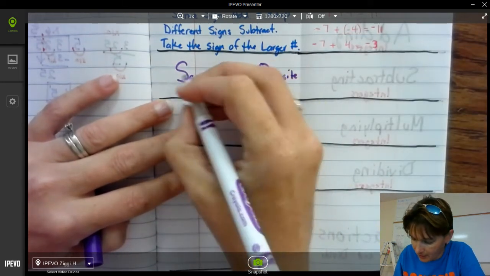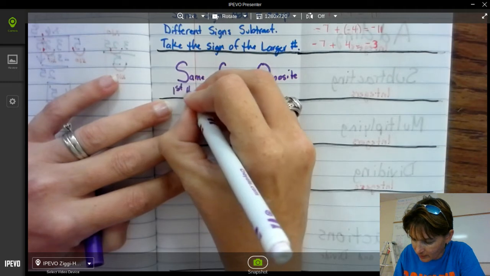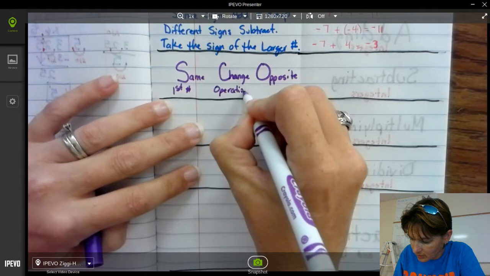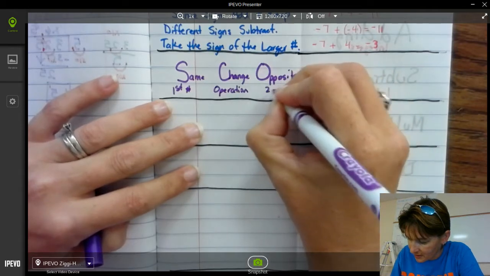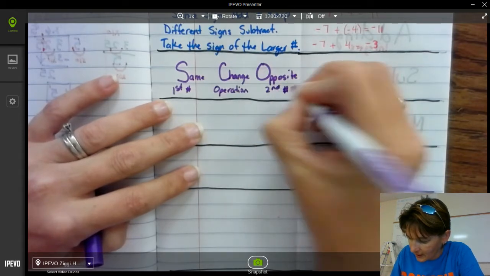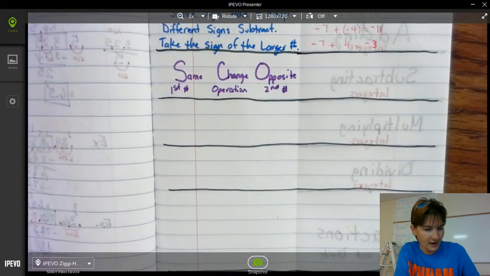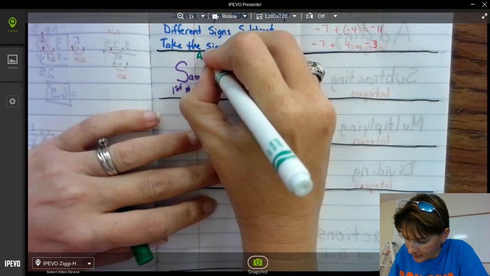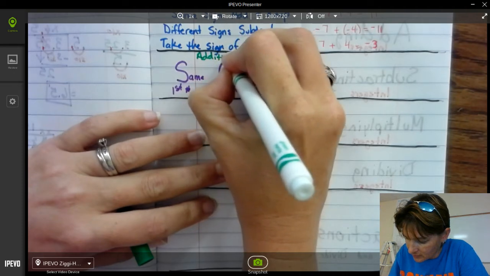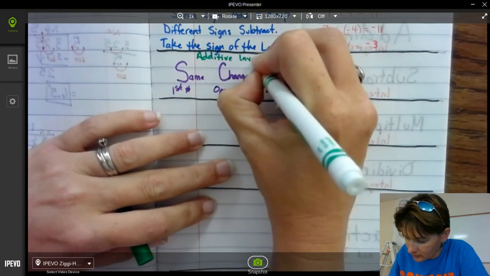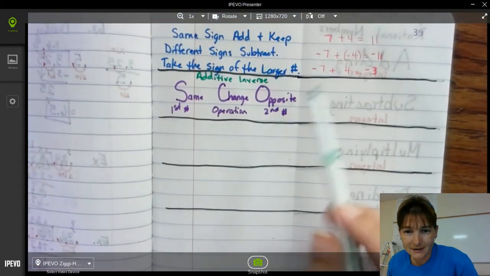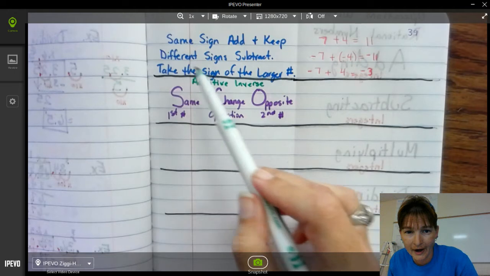Okay, the same first number, we change the operation, and we do the opposite on the second number. And this is known as the additive inverse. We are trying to make it back into an addition problem so that we can use our adding rules to solve for it.